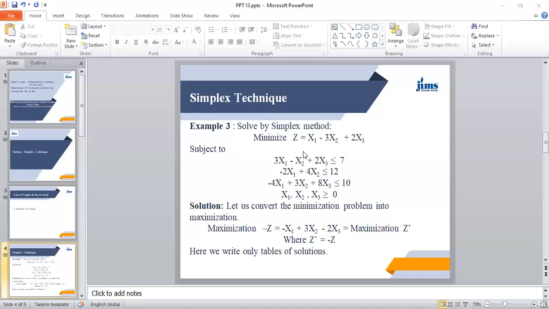One more important thing that you may notice here is that all the constraints are of less than or equal to type.